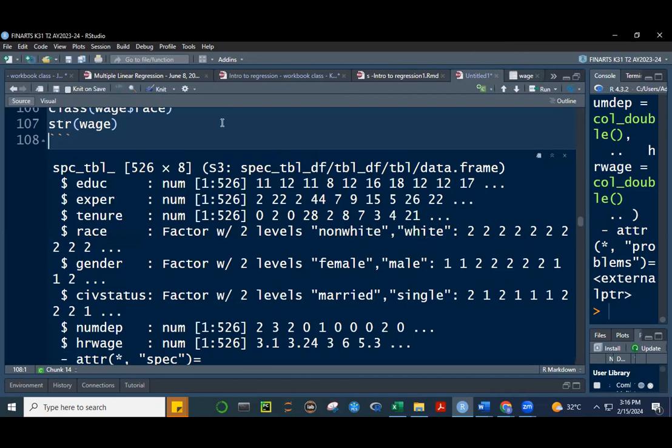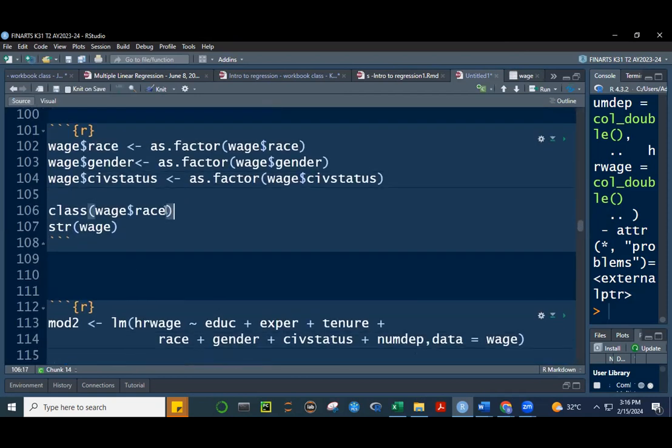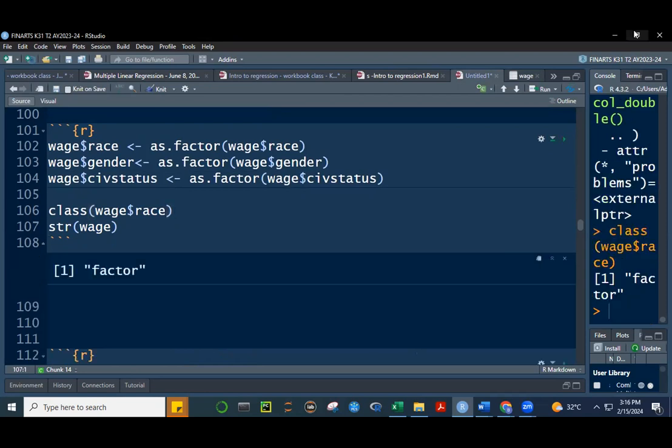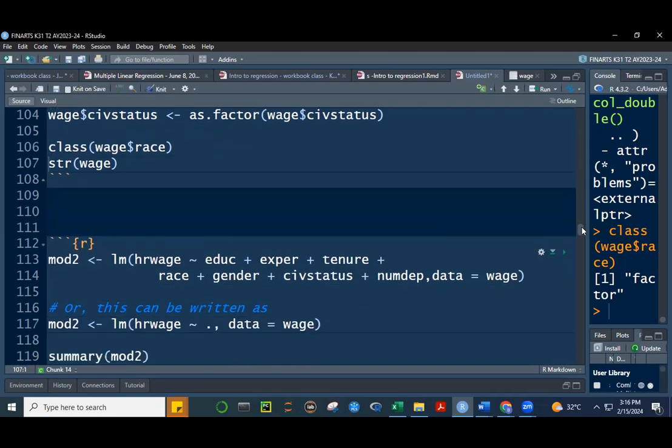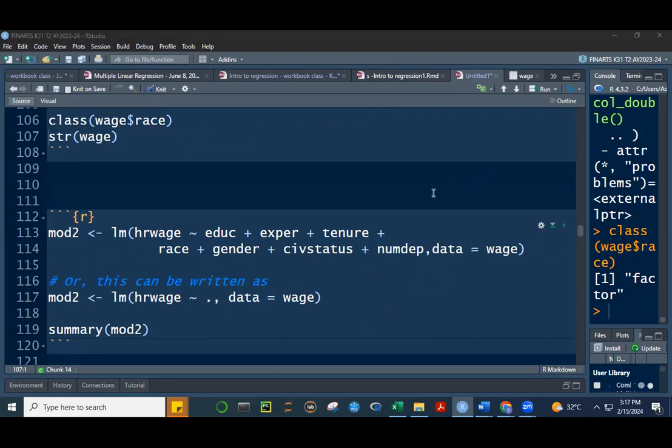All right. So let's go back here. Let me close this. If we check the class of race, control enter. Okay, you can now see that this has been converted into a factor. All right. So I'm running this. Okay. Purpose ng factor, thank you for that question, Mark. Ang purpose ng factor, as I said a while ago, it's easier really to work with factors as compared to characters.